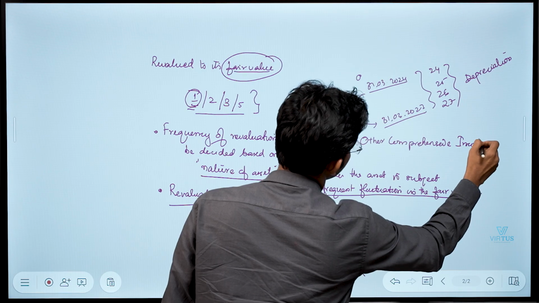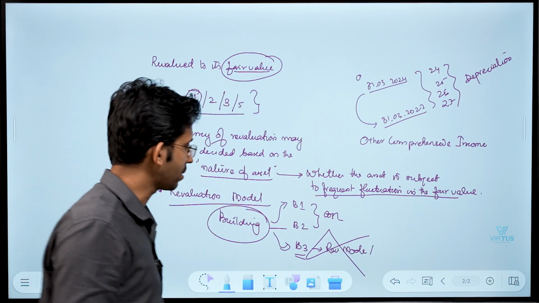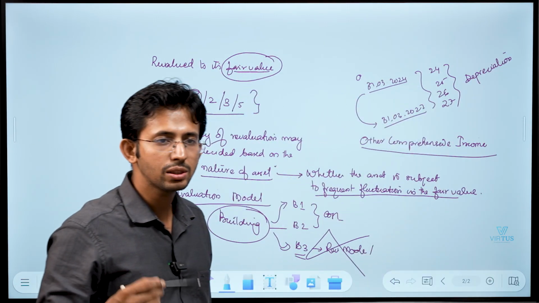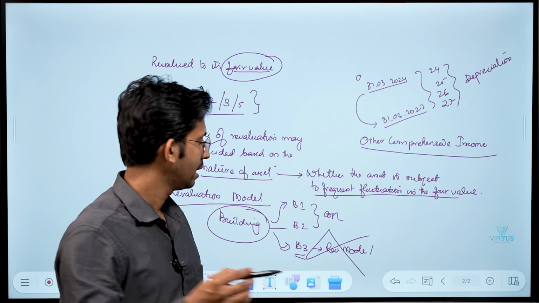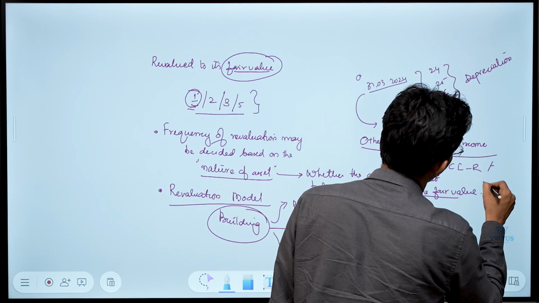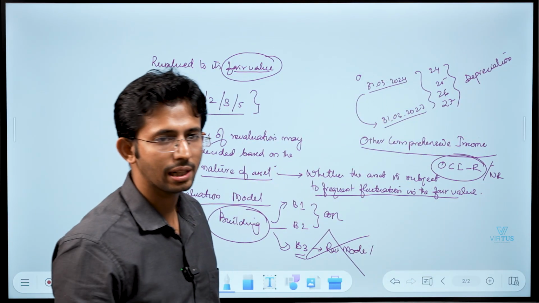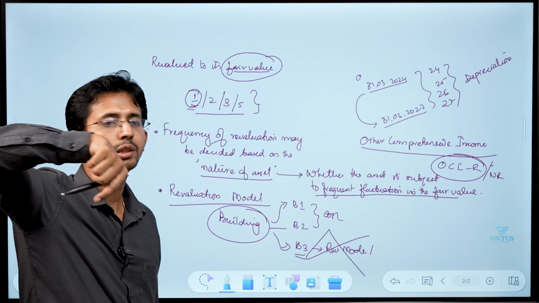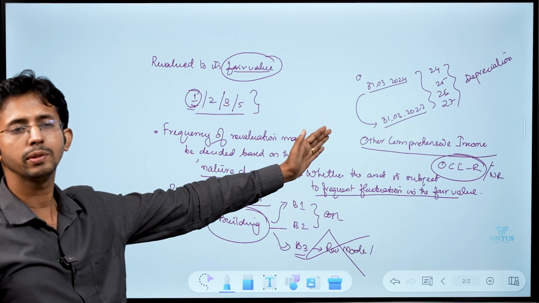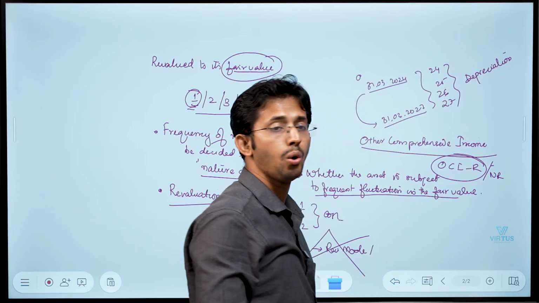The revaluation gain or revaluation surplus has to be taken under other comprehensive income, and will this be OCI R or NR? Which one will this be? This is OCI R. At the time of disposal, this will again come back to what? Your profit or loss. Right. So that is another point which you have to keep in mind. Whenever there is a revaluation surplus, the revaluation reserve has to go to OCI.